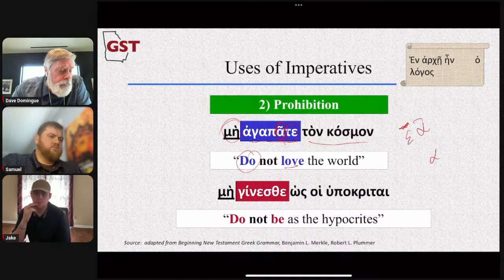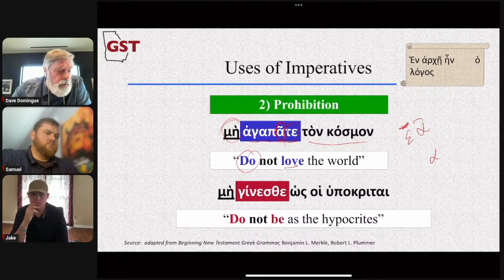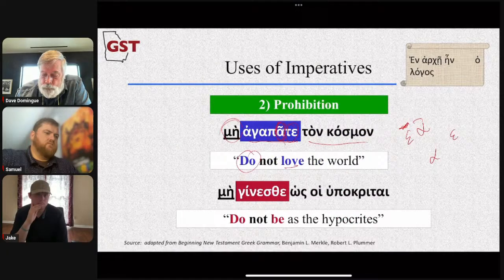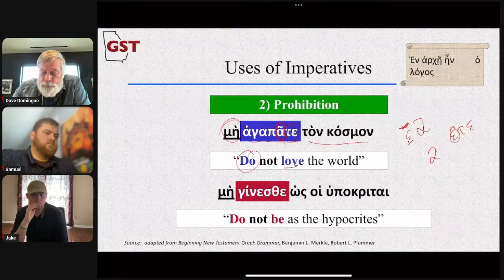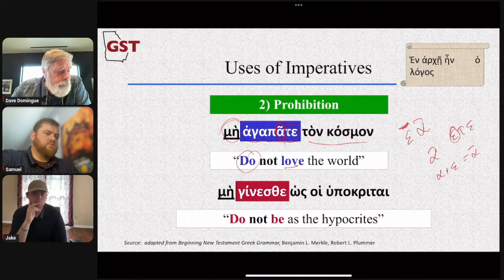So agapa with the alpha, in the second person plural, takes the place of the epsilon, and you get that contract alpha. I think the alpha and the epsilon contract, but I'd have to look it up.